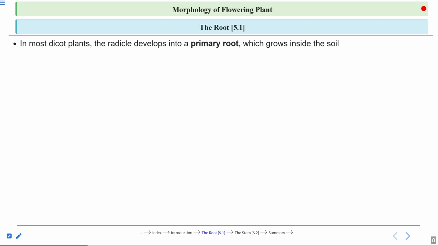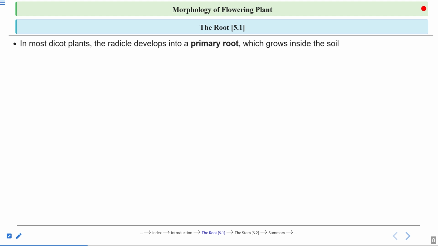As the name itself suggests, di means two, cot means cotyledon, so two cotyledons are there. And there is another type of angiosperm called monocot. Mono means one and cot means cotyledon. So monocotyledon, a one-cotyledon plant.